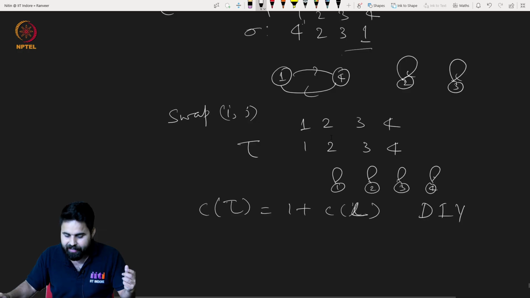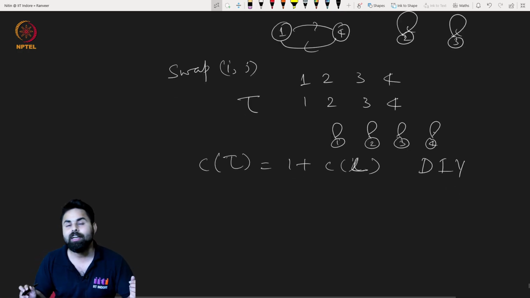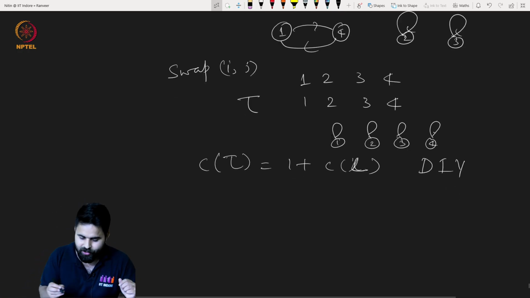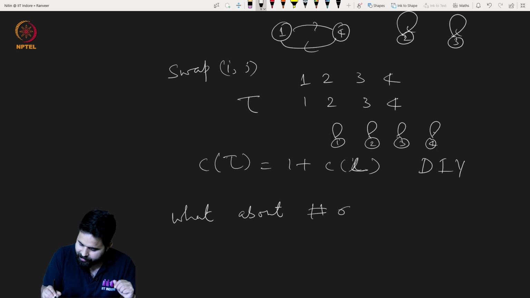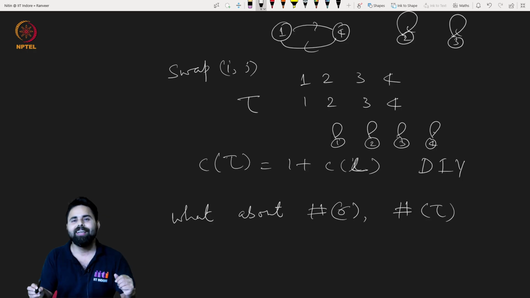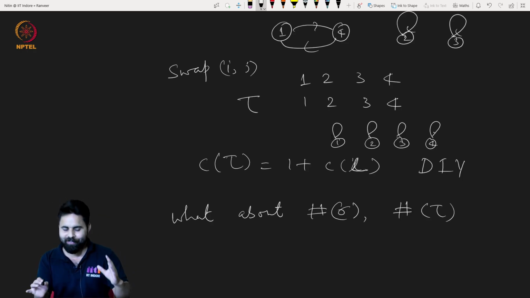And what about the number of inversions in sigma and the number of inversions in tau? Again, this is a DIY.